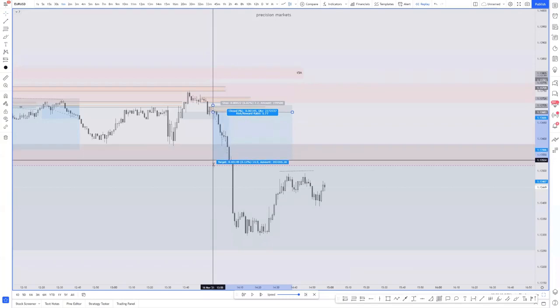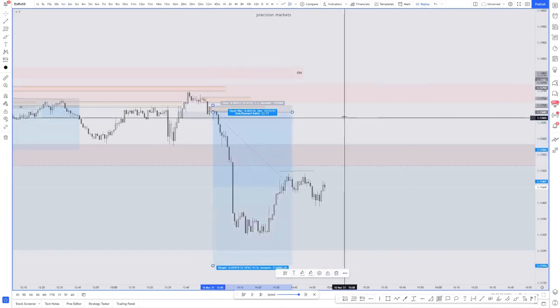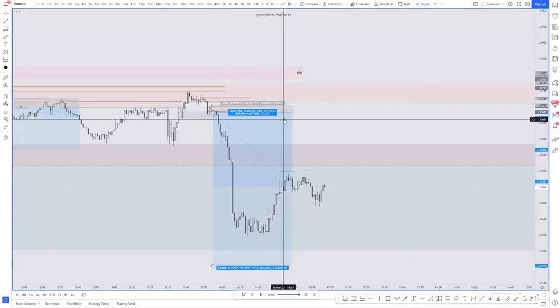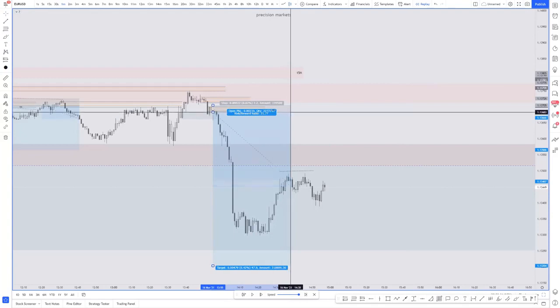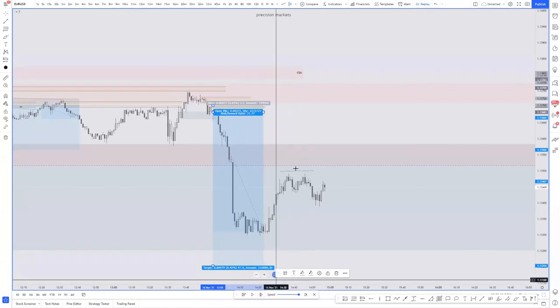Just to our target alone, you would have got 7.8 R. Let's say you partialed out 80% there, took 6 R on the day, leave the little runner on in case it keeps going. Obviously, we never know it's going to do these big candles, so it's always good to pay ourselves.